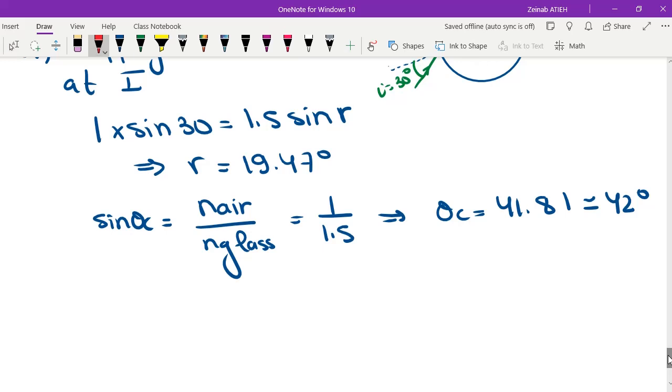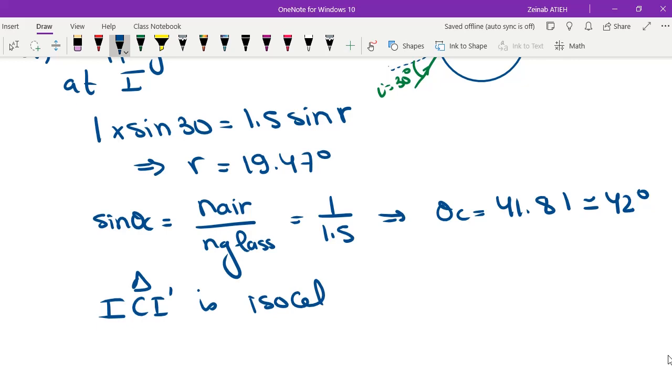So let's find I prime. The triangle ICI prime is isosceles. So in this case I prime is equal to R, which is 19.47 degrees. Don't forget, I prime is the angle of incidence at point I prime.